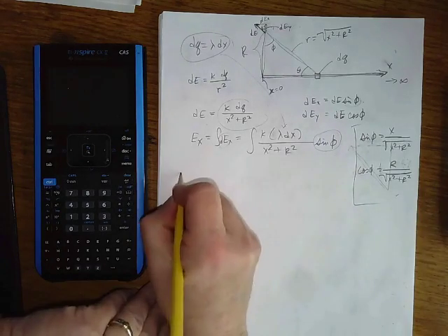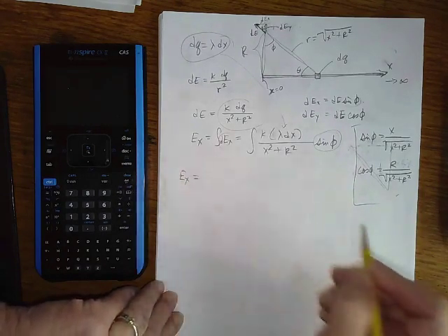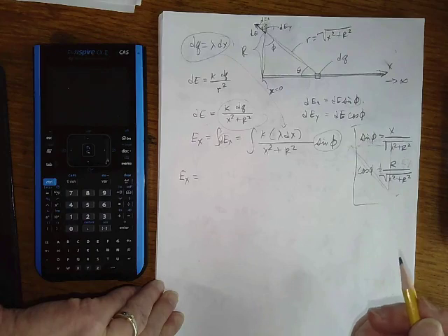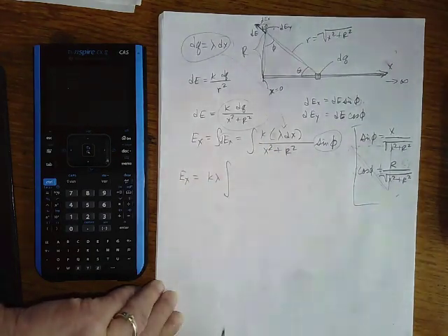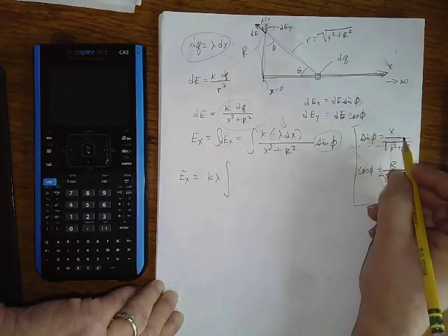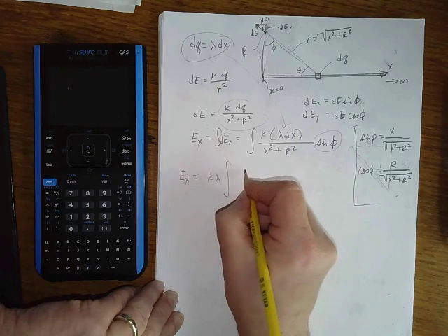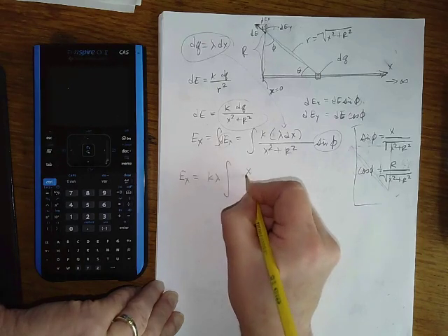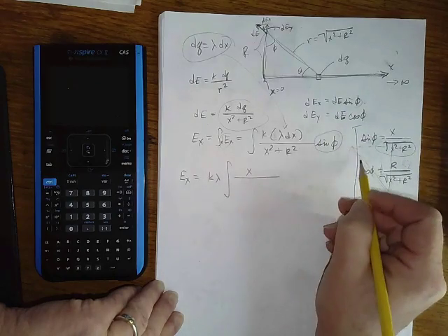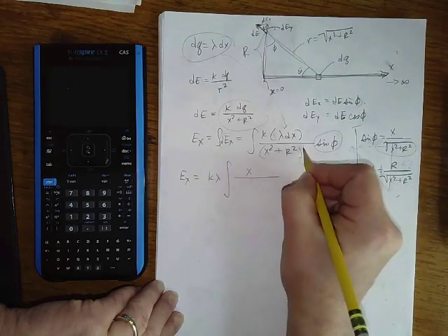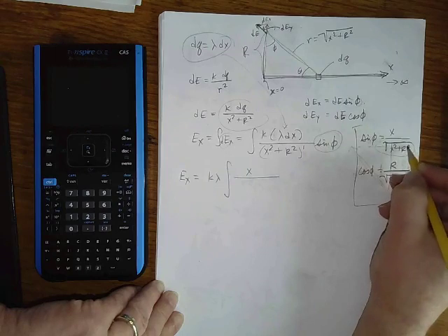Looking good. Okay, so E_x is, what can we pull out? Not much. We can pull out k and lambda. And then in our integral, we're going to have sine phi for this one. It's going to be x on the top, and then we've got the square root of x squared plus r squared, so x squared plus r squared to the 1/2.